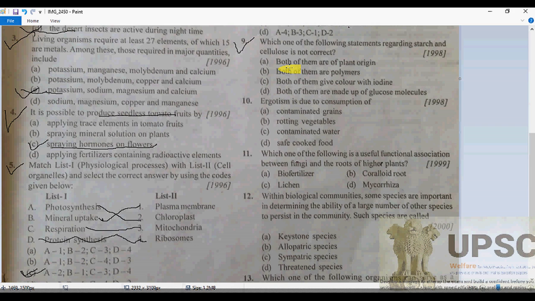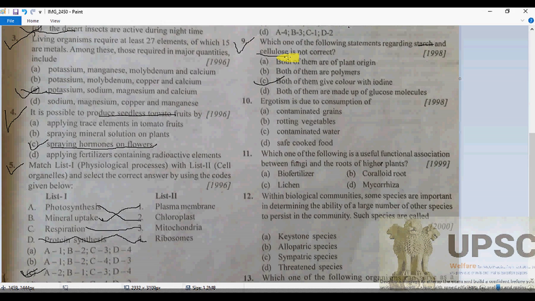So here, which one is going to be the answer to 9? 9 is going to be C, definitely, because we are talking here about starch and cellulose, not glucose.